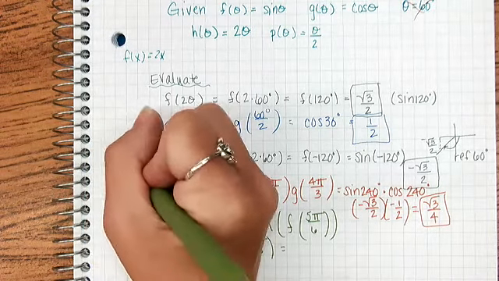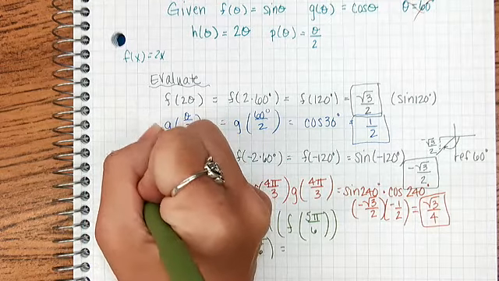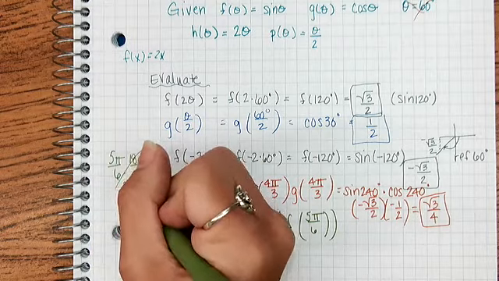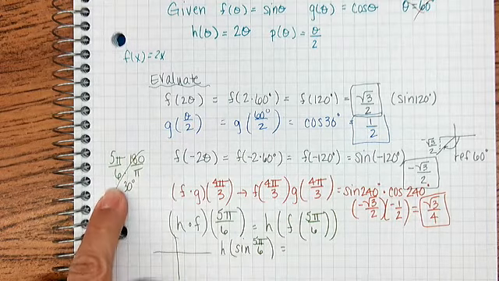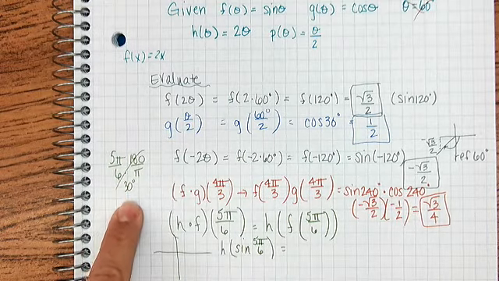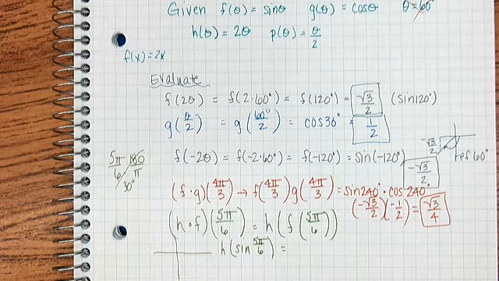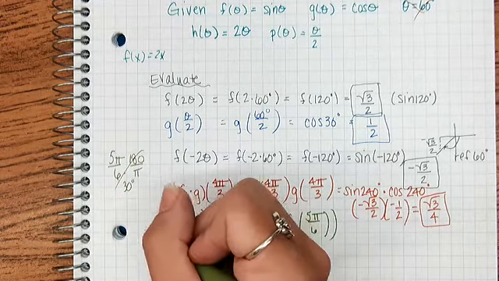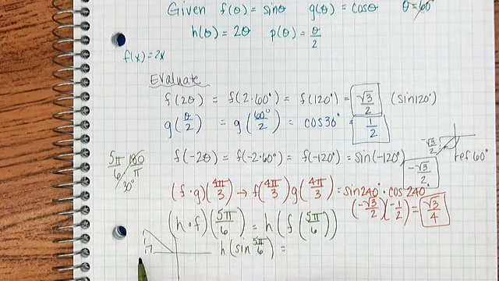5 pi over 6 times 180 over pi. Reduce, you get 30. That's always going to be the case when the denominator is 6, your reference is going to be 30. If the denominator is 3, your reference is going to be 60. If the denominator is 4, your reference is going to be 45. So a total of 150, quadrant 2, you don't have to draw it, and I really, really hope that eventually you won't have to draw it.